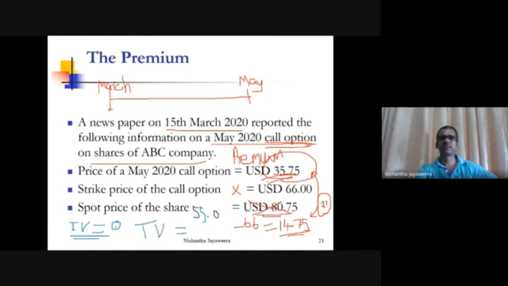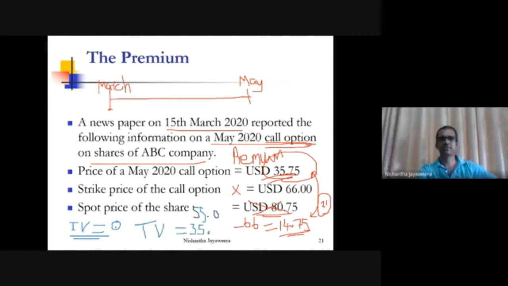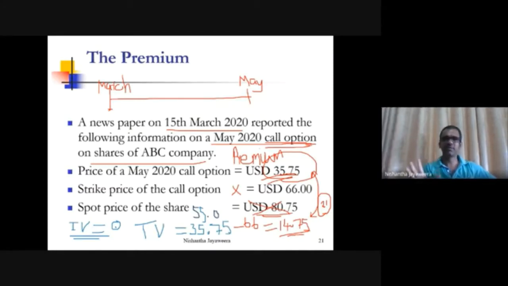35.75. So for out of the money and at the money options, still there will be a premium. That premium equals the time value of the money. There's no intrinsic value, but there's a time value.